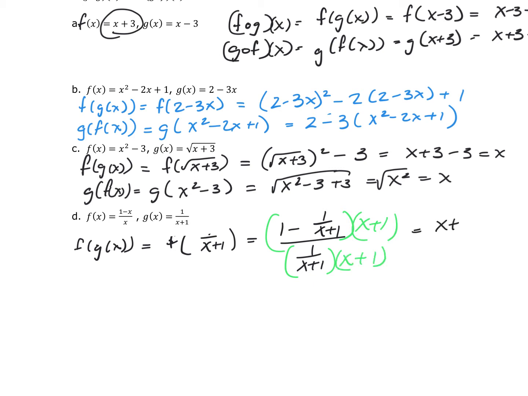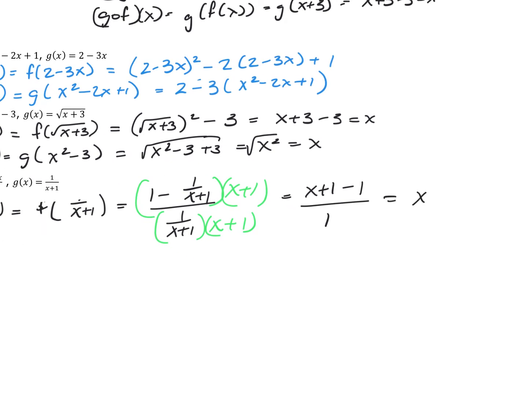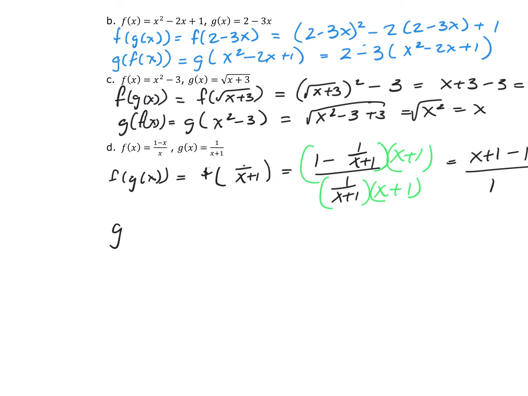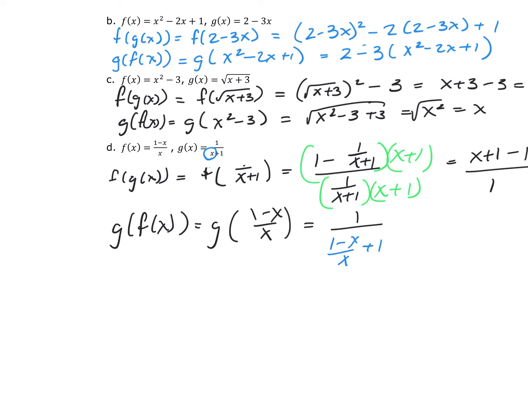This gives me X plus 1 minus 1 over 1, which gives me X. The G of F of X is G of 1 minus X over X, which is 1 over, I'm going to replace this X with 1 minus X, so 1 minus X over X plus 1.